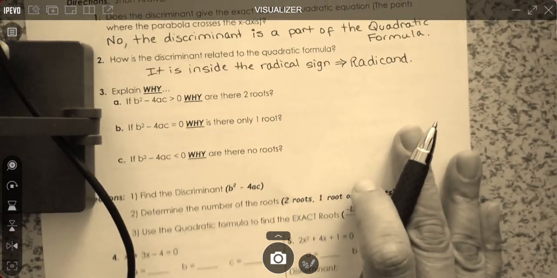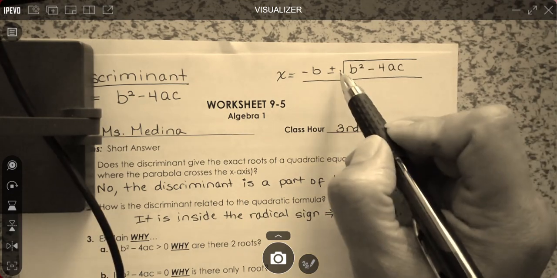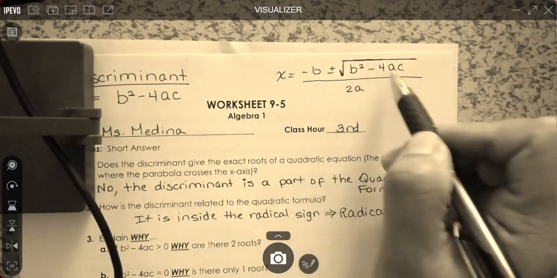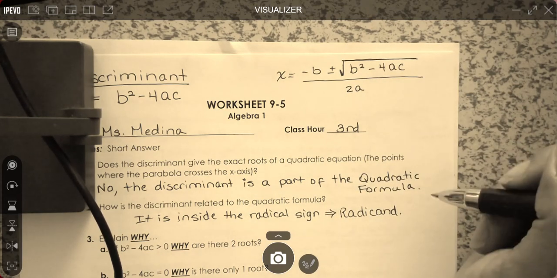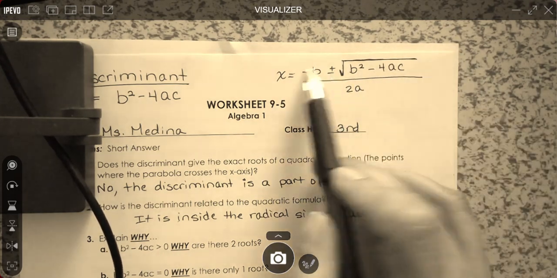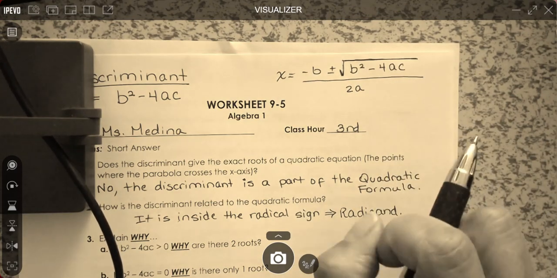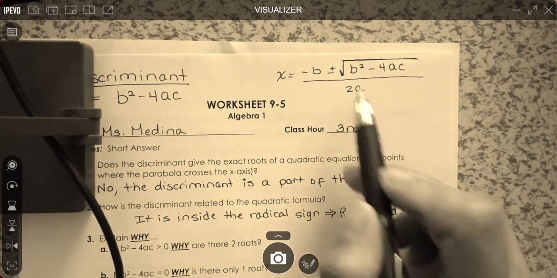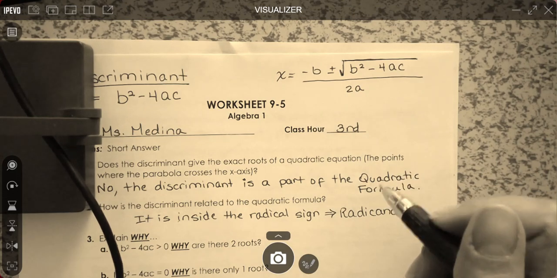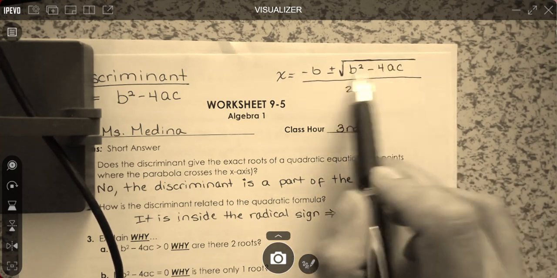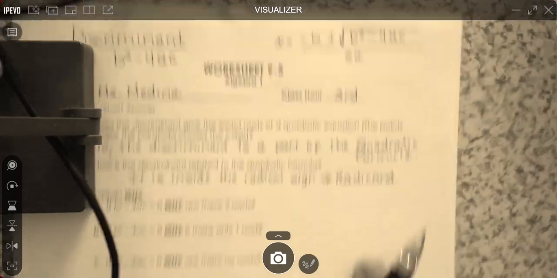But if whatever you end up with here is, say, 16, what's the square root of 16? 4. So then it's just going to be a number divided by a number, and you end up with a rational number, versus if it was the square root of 11. So depending on whether this is a perfect square or not, you're going to determine whether you have rational or irrational answers.